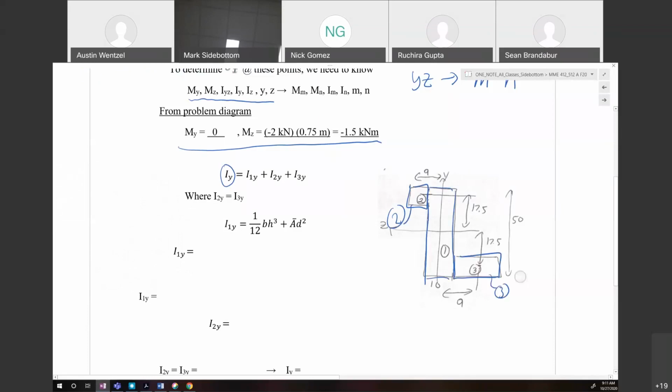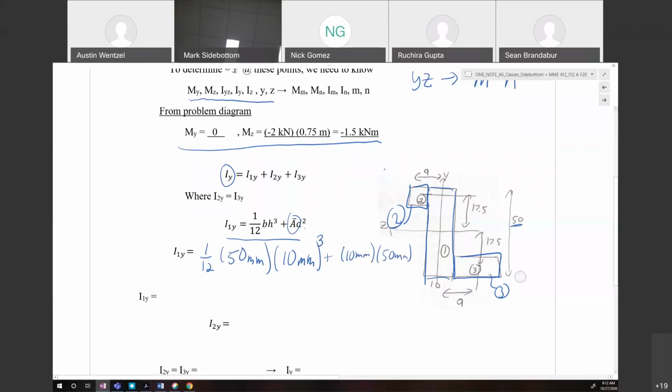For area 1, using the parallel axis theorem, we can calculate the moment of inertia about the y-axis. It'd be equal to 1/12 times the base, which is 50 millimeters, and the height is 10 millimeters, cubed, and then our area would be 10 millimeters times 50 millimeters.